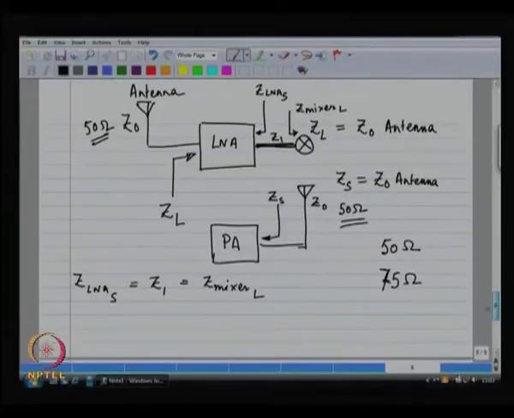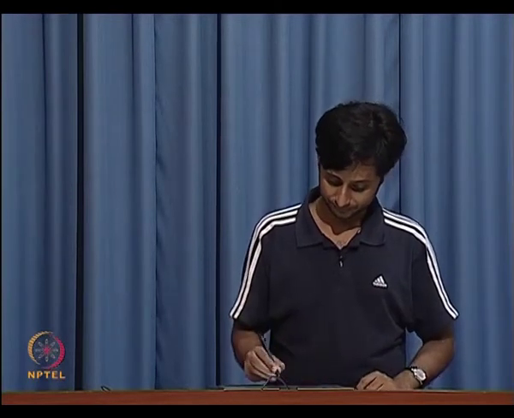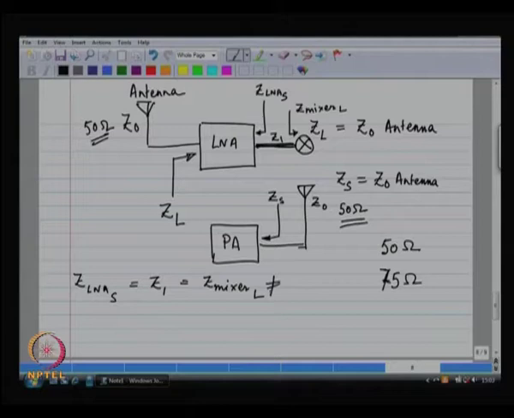This means that the input impedance of the low noise amplifier also has to be matched to 50 ohms. Okay. This does not mean that the output impedance of the low noise amplifier and the input impedance of the mixer have to be 50 ohms. It does not mean any such thing. So, this is not true.